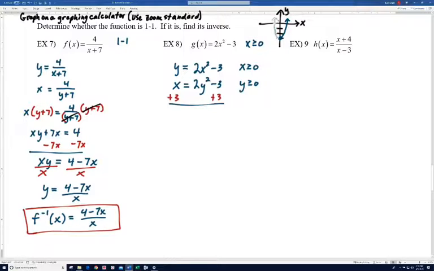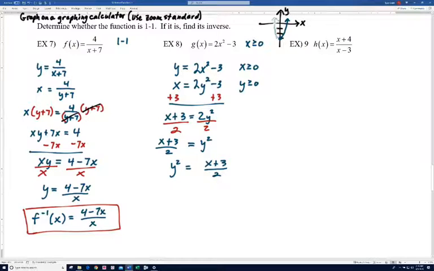I need to add 3 to both sides first. I get x plus 3 is equal to 2y squared. And now I'm trying to get to just y. I need to get rid of the 2 next, so I'll divide both sides by 2. I get y squared equals x plus 3 over 2. Now I'm going to go ahead and switch sides.